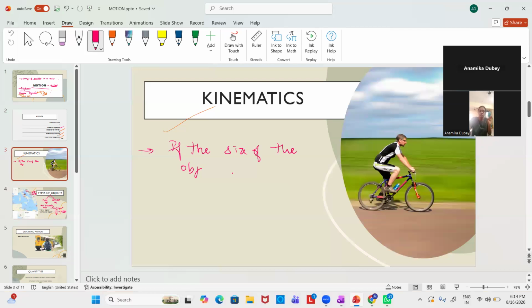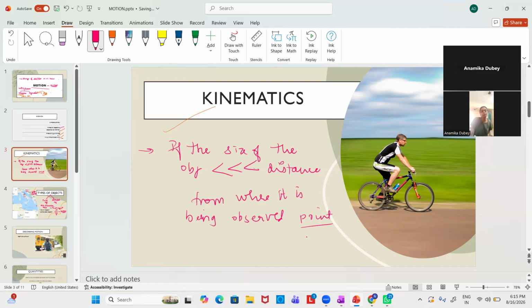If the object is on Earth, but it is being observed from a satellite, I hope you know the distance between the object and the satellite is much more than the object's own size. So if the size of the object is much smaller than the distance from where it is being observed, that object can be considered as a point object.